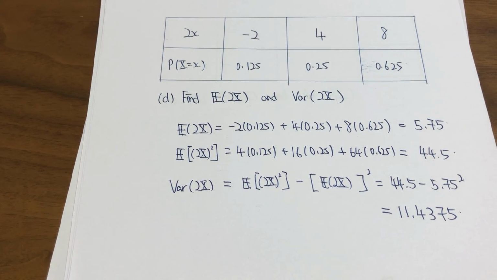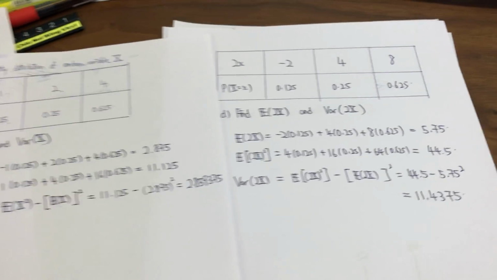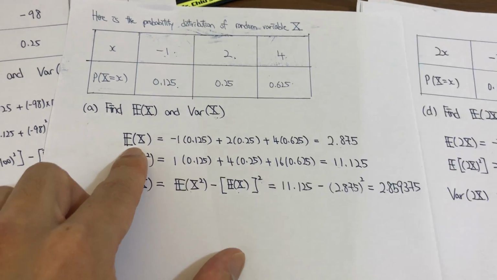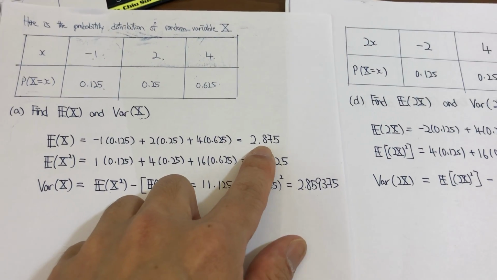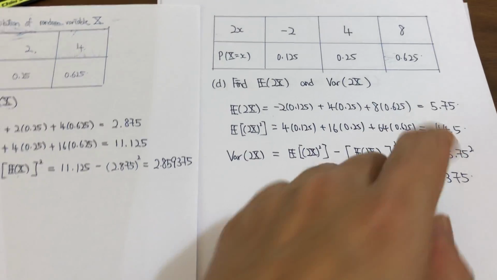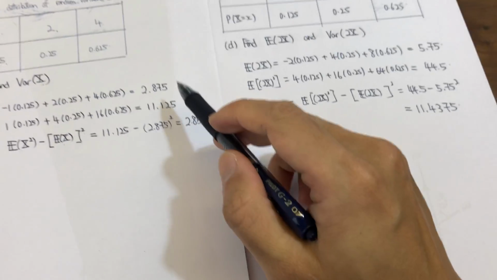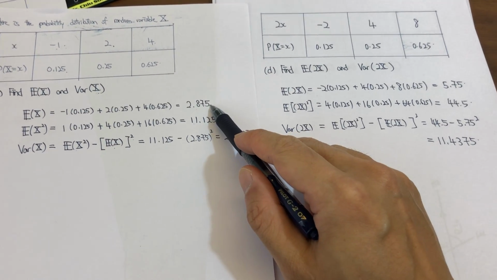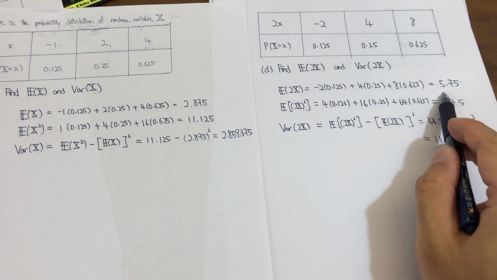Okay. Now let's compare with the expected value of x. The expected value of x is 2.875, and then the expected value of 2x becomes 5.75. Do you see the change? What is the difference? 2.875 and 5.75.